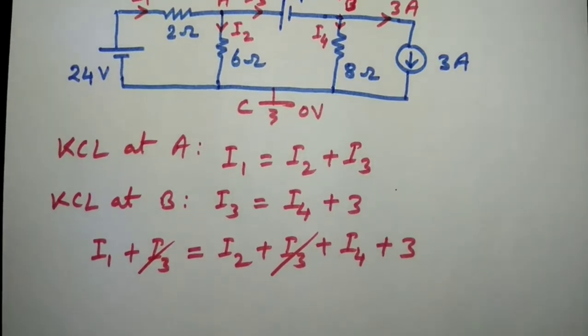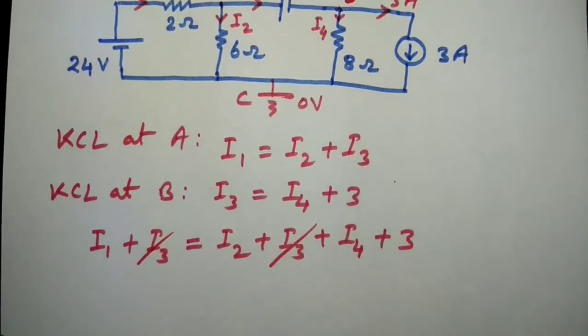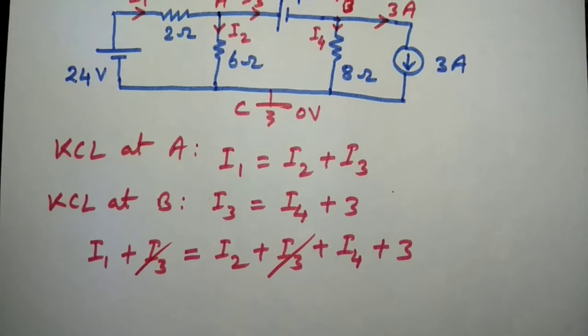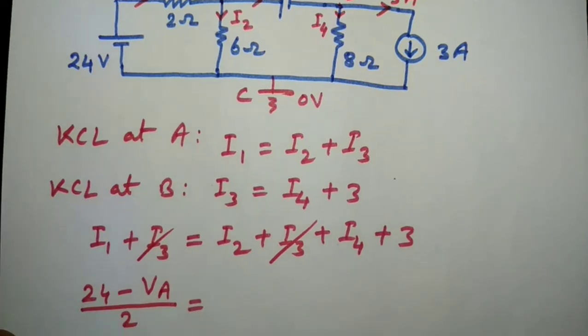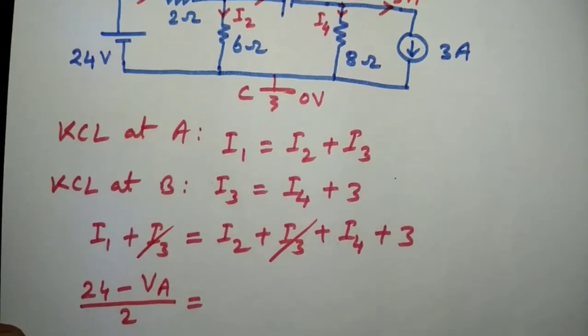Now replace the currents in terms of potential difference and the resistance. So I1 will be (24 minus VA) upon 2. I2 will be equal to (VA minus 0) upon 6.